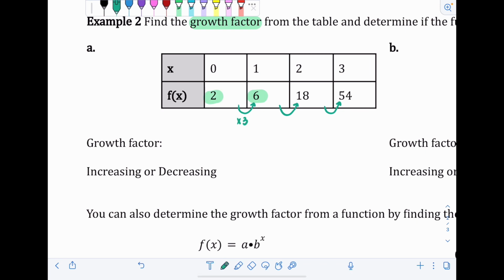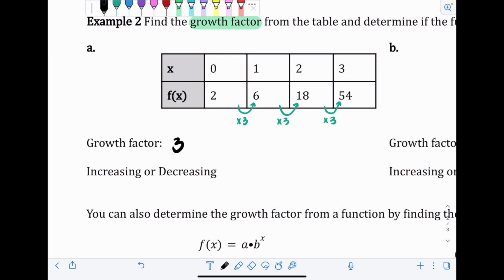So our growth factor is 3. You don't have to do the first two terms, you can do any two consecutive terms. If you did 18 divided by 6, that would be 3. Or even 54 divided by 18 would be 3 as well. So the growth factor is 3. You're multiplying by 3 each time to get to the next term or the next number in the output row.